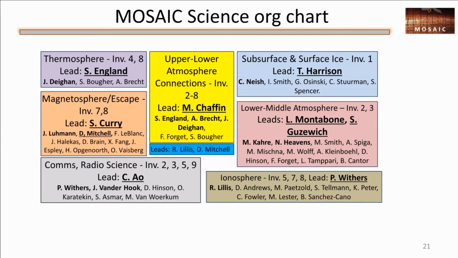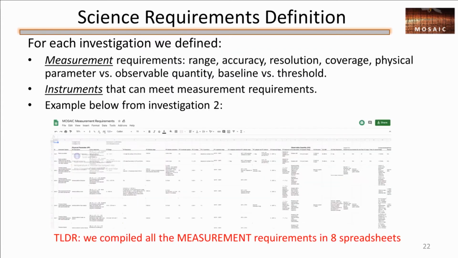Starting from the upper right: the subsurface and surface ice, the lower and middle atmosphere, the ionosphere, the radio science, which had its own separate group because of the unique challenges there, the magnetosphere and space weather environment, and the thermosphere. Then there was also a multidisciplinary group to look at lower and upper atmosphere connections. Everything was coordinated through myself and Dave as the leads.